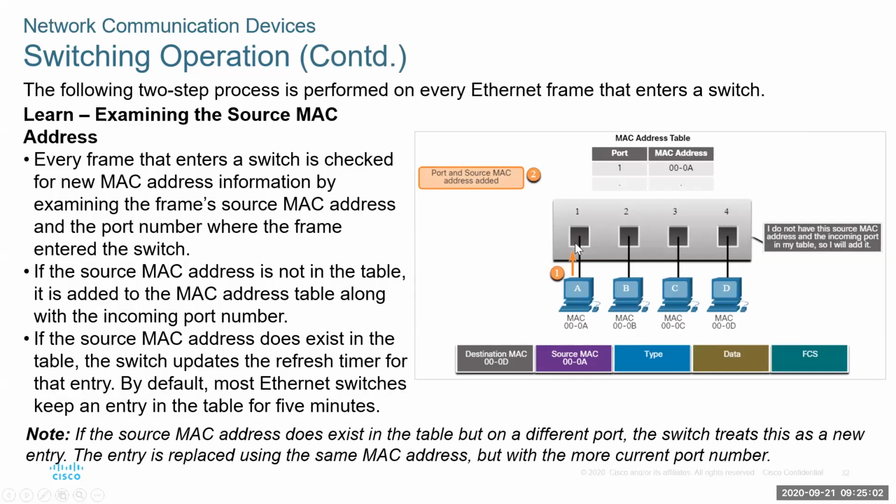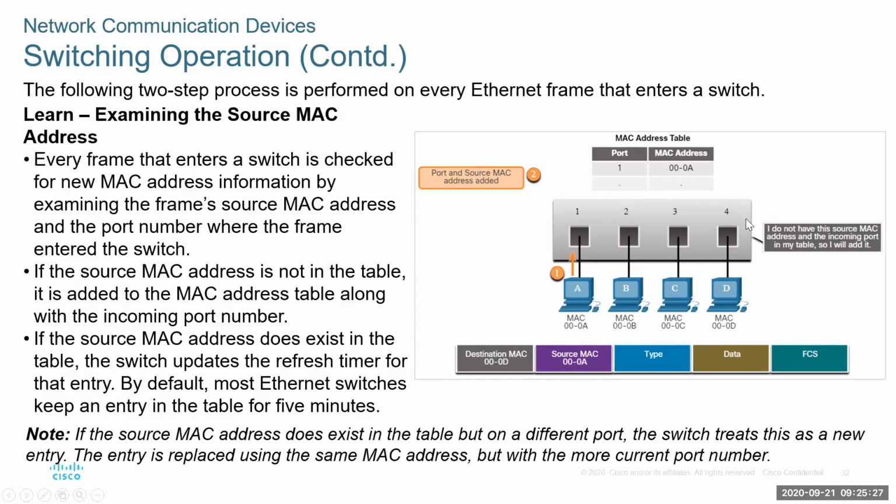I'm going to log that inside my switch as you coming into my port 1. Then I'm going to send out traffic and find out where it's destined to go. If I have the destination in my table, I'll do a lookup and immediately forward that packet out. If I don't have it in my table, then it's going to try to forward it out all these ports to see if it can get a response back.